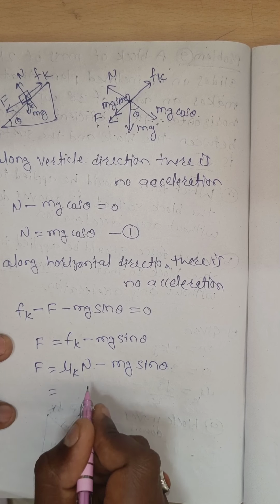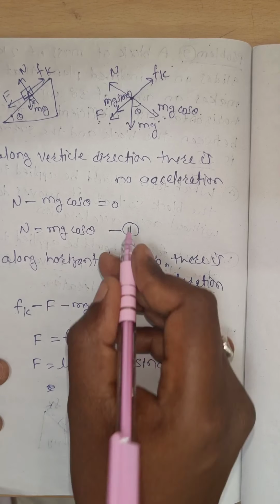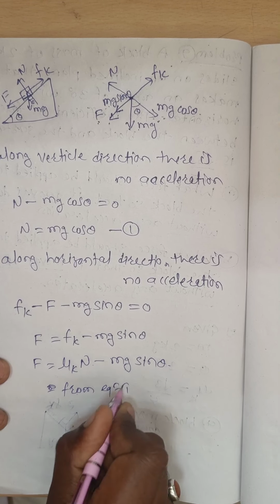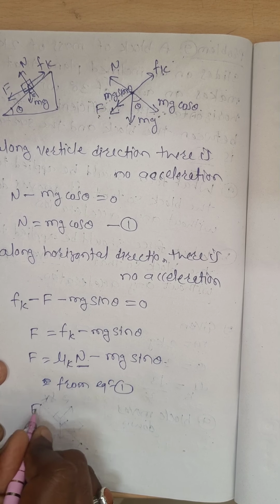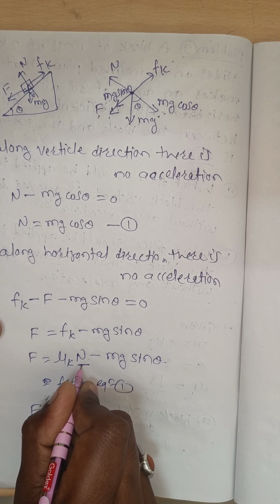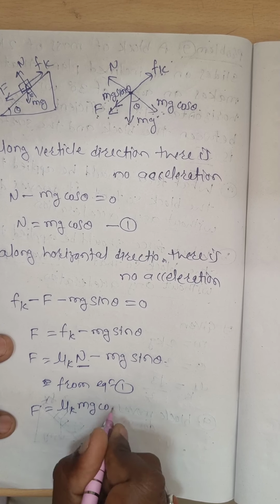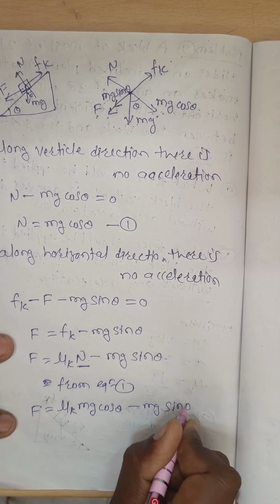We know from equation 1 that N is equal to mg cos theta. Therefore, F is equal to mu k into N, where N is mg cos theta, so F is equal to mu k into mg cos theta minus mg sin theta.